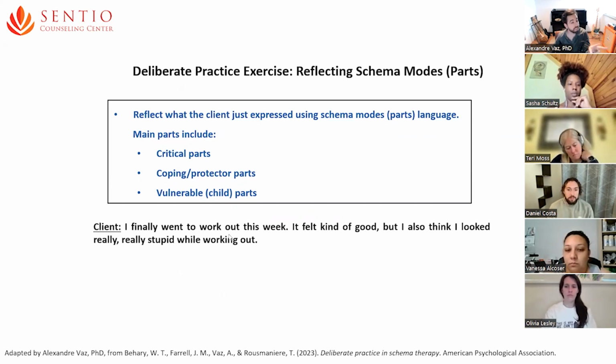Now, the client statement can have more than one, okay? Usually they'll have one or two of the parts. So let's try it together. The client says, I finally went to work out this week. It felt kind of good, but I also think I looked really, really stupid while working out. So I'm curious, if you could put on the chat, what part do you think might be coming up here?